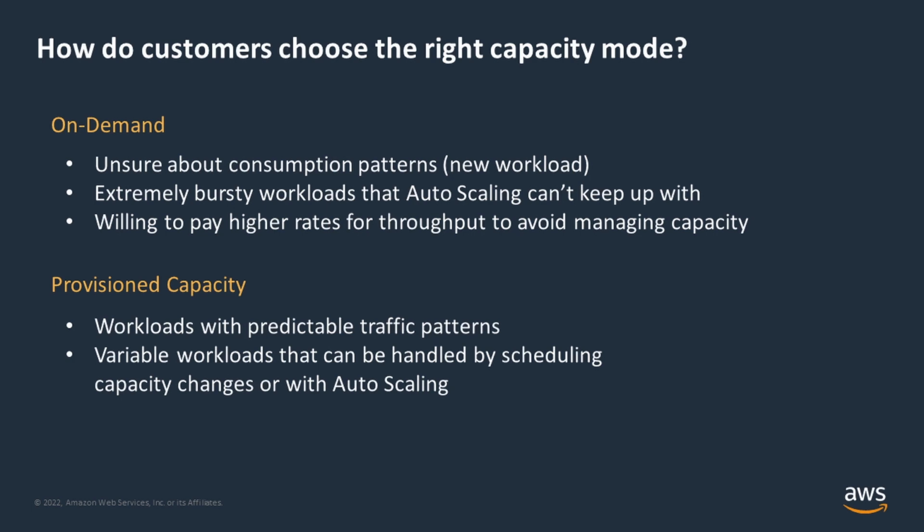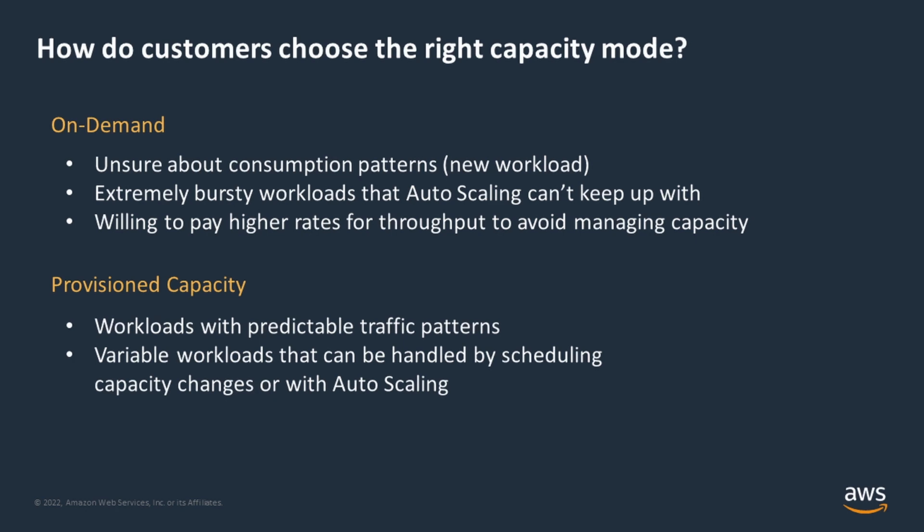And one thing that we see customers ask us about is, if I have a bulk load that's happening at some point in the future, can I use provision capacity with auto-scaling? And the answer is yes, because you can schedule the scale using the APIs for application autoscaling. DynamoDB autoscaling uses application autoscaling.